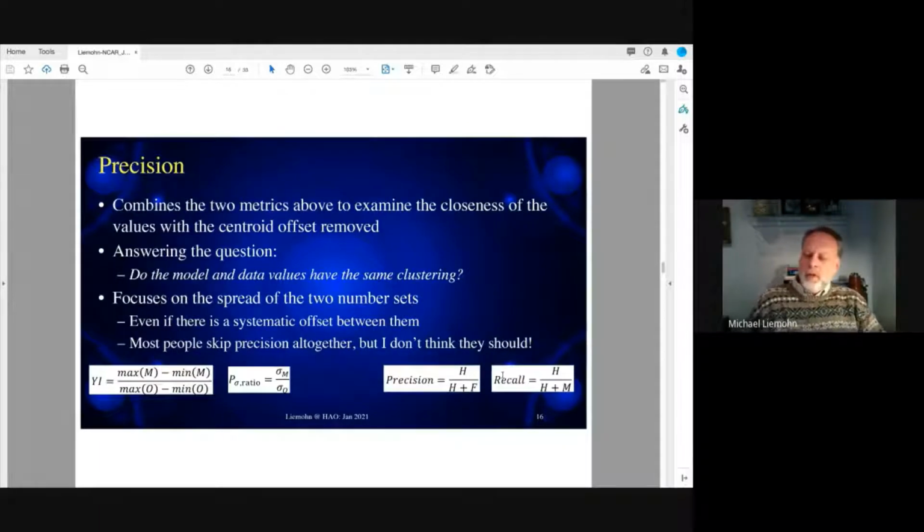Precision. This is the third of this set. What is precision? You think, okay, you're accurate but not precise. I have a slightly different definition. Here I'm using precision in terms of the spread of the values. Where bias was a shift of the two values relative to each other, precision is the amount of spread: one data set is tight and the other is also tight, but they might be shifted.